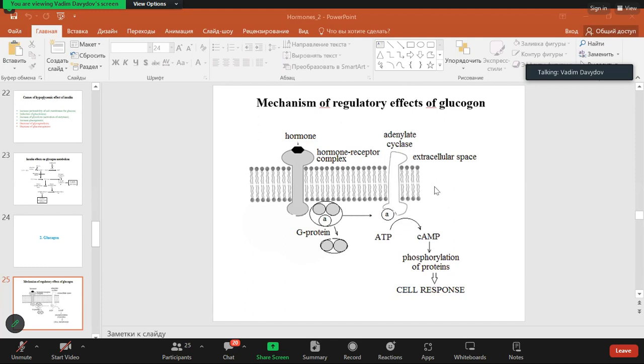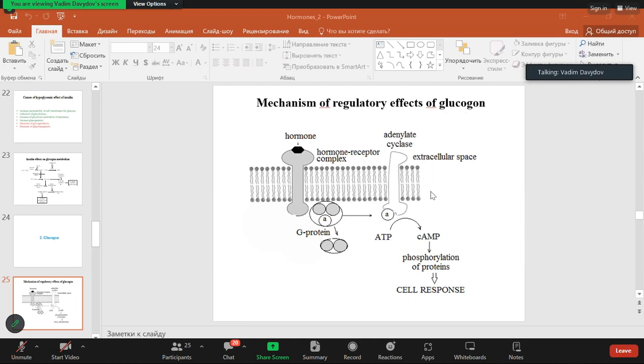In other words, that hormone is designated as the hormone of fasting. Its production increases during fasting or starvation, when the concentration of glucose in the blood sharply decreases.